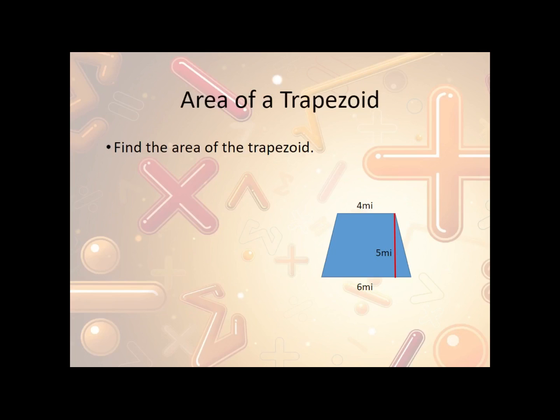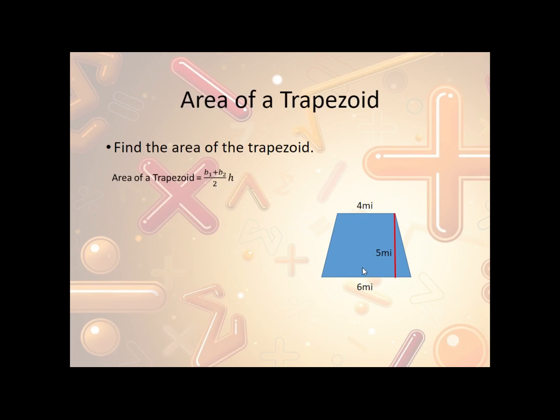Now, how do we find the area of a trapezoid? A trapezoid is like a rectangle, but one set of sides is different from each other. So this one is 6 and this one is 4, so this side is shorter than this one. The area of a trapezoid is base 1 plus base 2 over 2 times the height. Base 1 and base 2 are the sides that are not the same as each other.